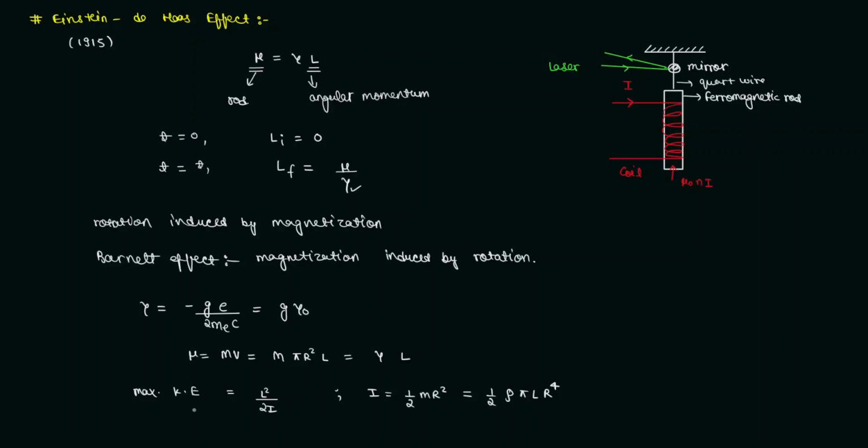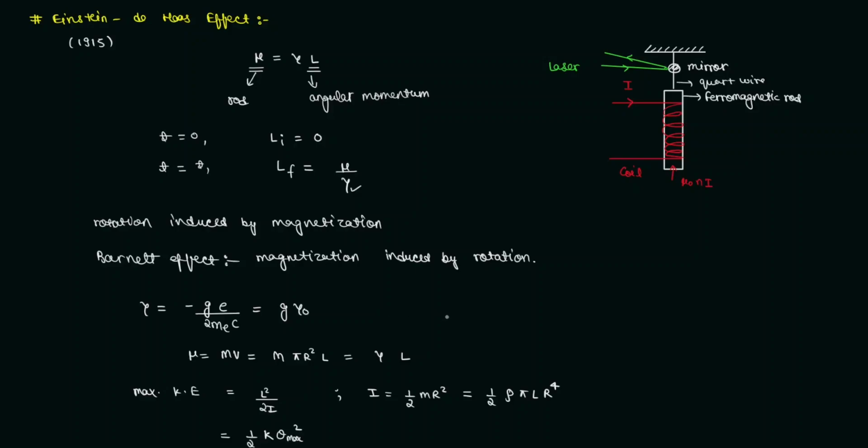Now this maximum kinetic energy is converted into potential energy of the torsion balance at its maximum angular displacement, given by half the torsion constant k times theta max squared.